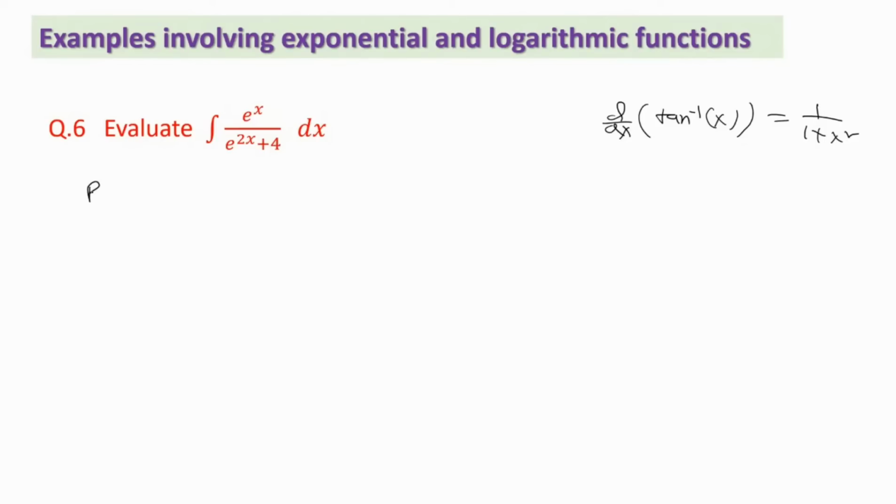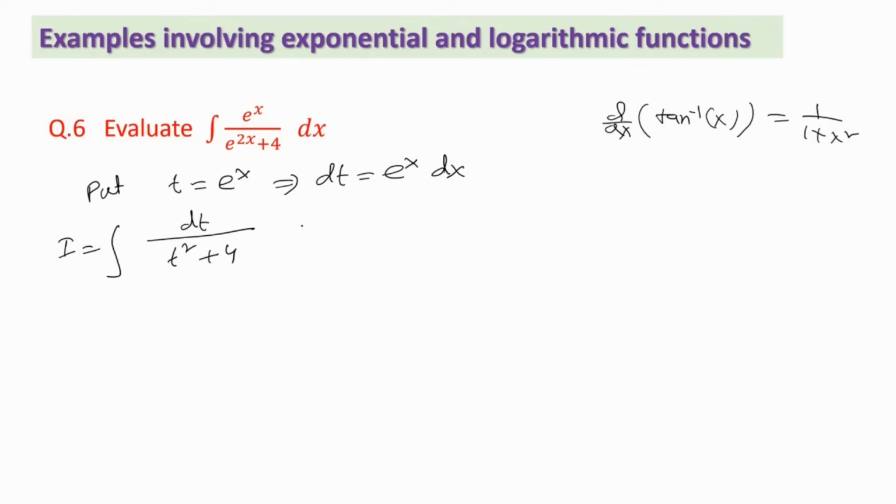For that we put t is equal to e to the power x. This gives you dt is equal to e to the power x dx. Therefore the numerator part will adjust with dt, and our integration is reduced to dt over t squared plus 4.